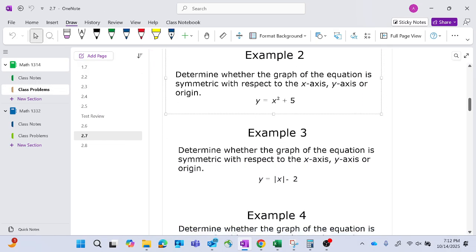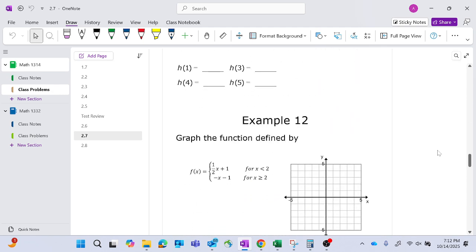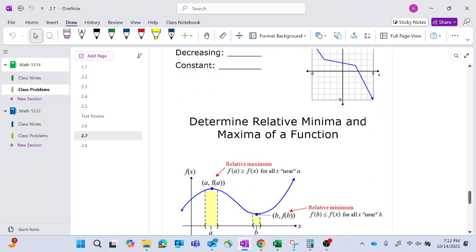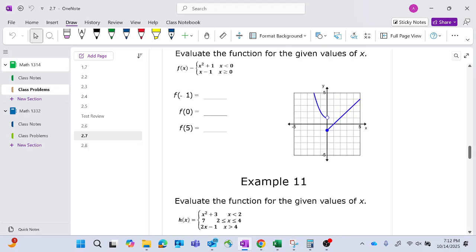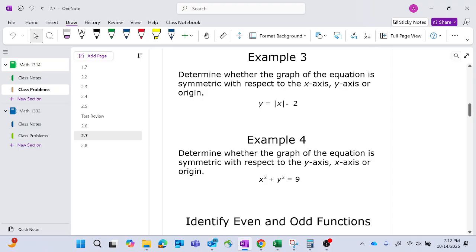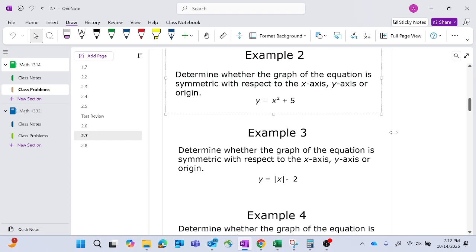How much more do we have here? 34. Even odd functions. These aren't that bad, actually. So I don't want to sit here and lecture the whole time. I want to give you all time to study because you have your test next, right? Yeah. How much do we have in the other class?